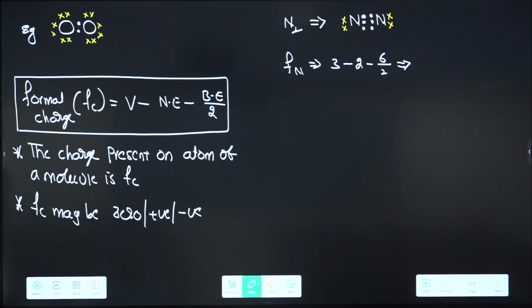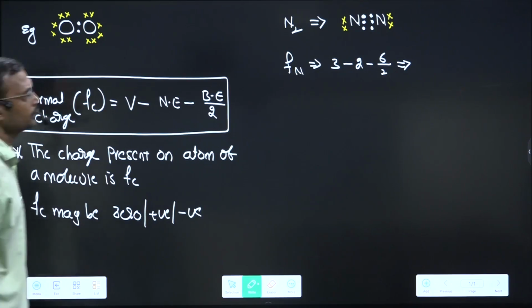Valence electrons, group number. Five minus 2 minus 6 by 2. Group number, valence electrons. Otherwise write group number, nothing will happen.